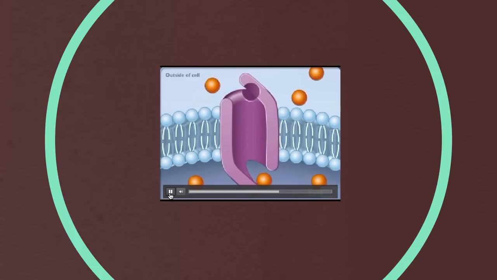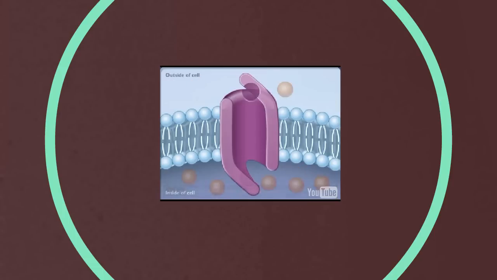However, in facilitated diffusion, the movement of molecules will only take place if it is facilitated or helped by a special protein carrier in the membrane. Facilitated diffusion can occur in either direction depending on the concentration gradient. If there is a higher concentration of the particular molecule inside the cell, the same carrier protein would then transport the molecules out of the cell.